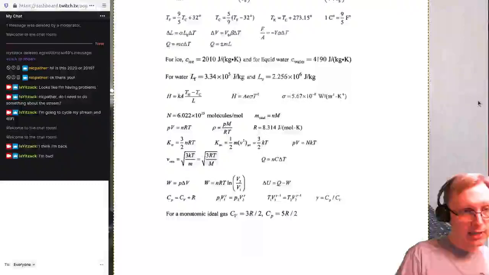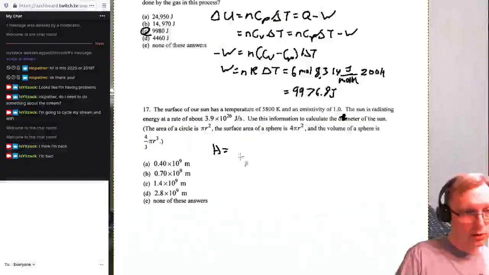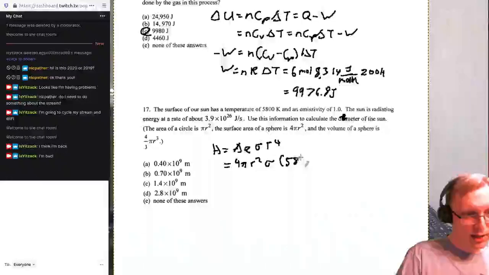So that is A E sigma T to the 4, better known as 4 pi r squared. E is 1. Sigma is given as a constant. And temperature is 5800 Kelvin to the 4th.